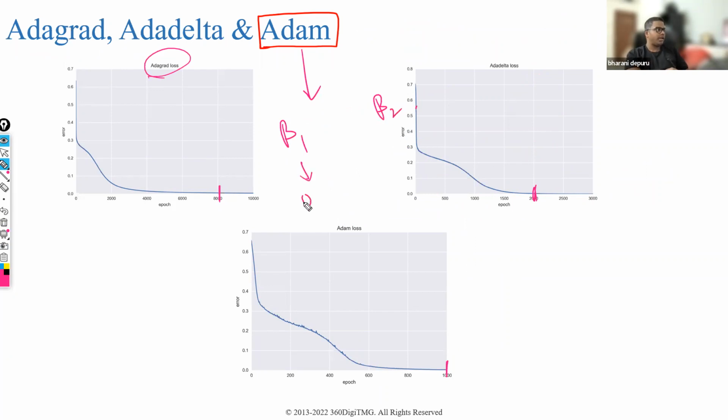Beta 1 has a default value of 0.9. The authors who came up with this algorithm say that they have used 0.9 for beta 1 and 0.999 for beta 2. And these values work extremely well in almost all settings.